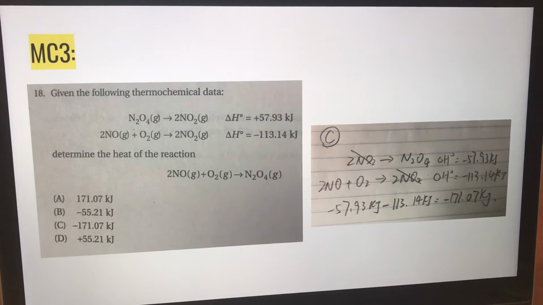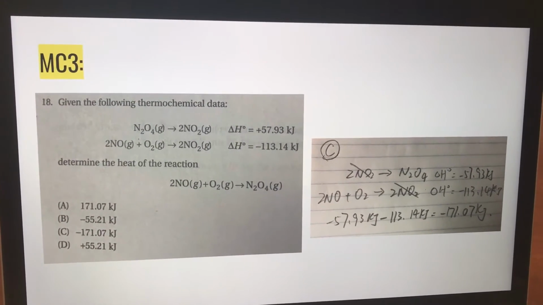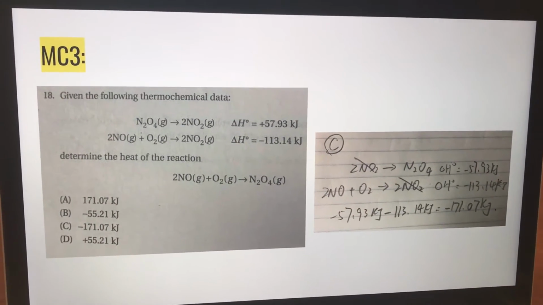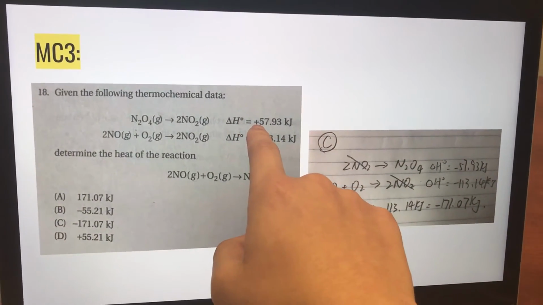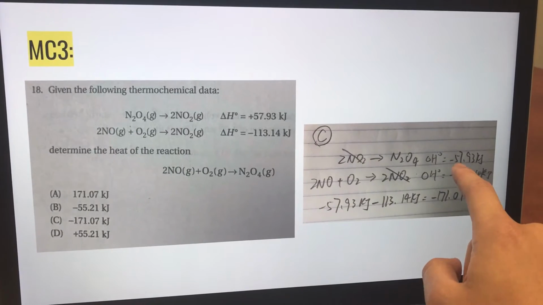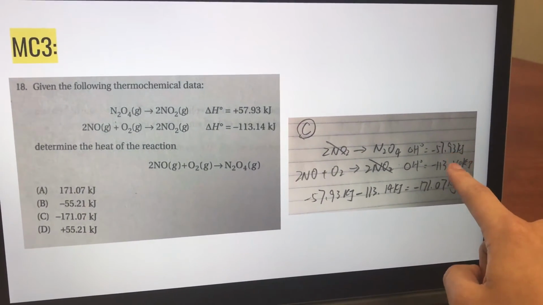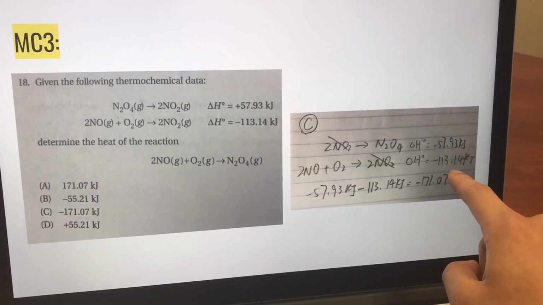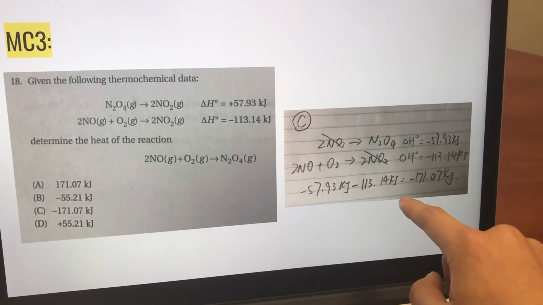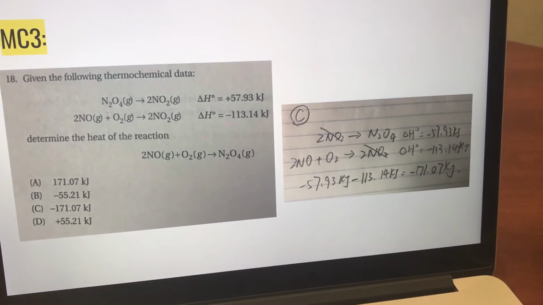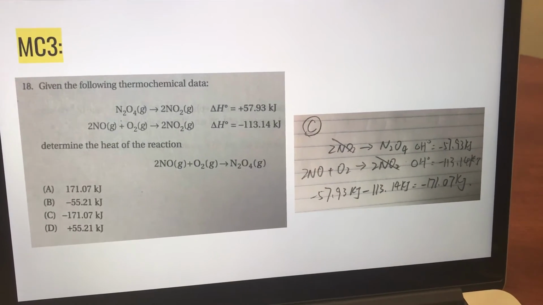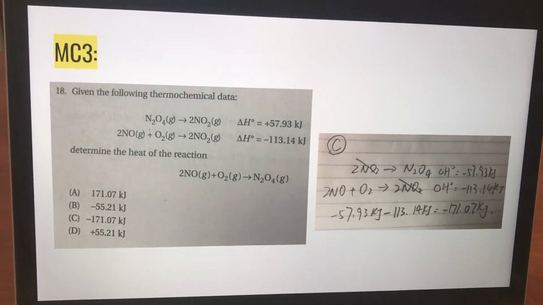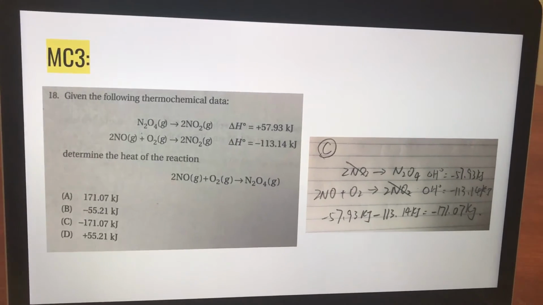But by reversing the direction of the reaction, we need to also be cautious to reverse the sign of delta H. So I reverse the sign from positive to negative, and then we just add them together, so that I get negative 171.07 kilojoule, which means we will select answer C for this question.